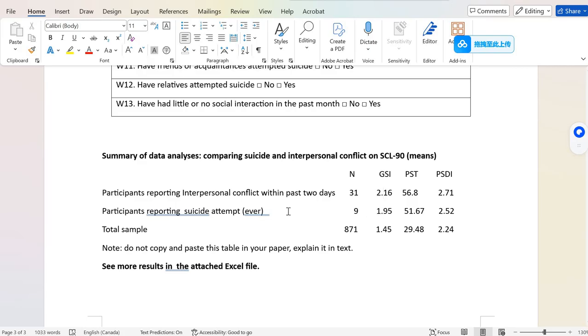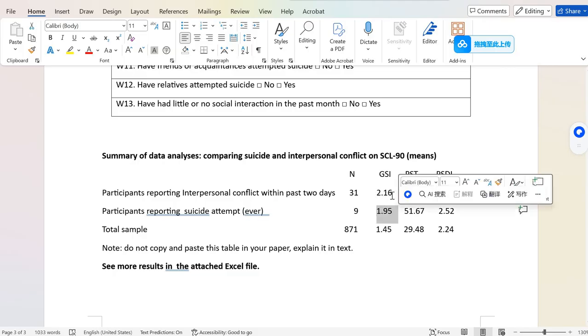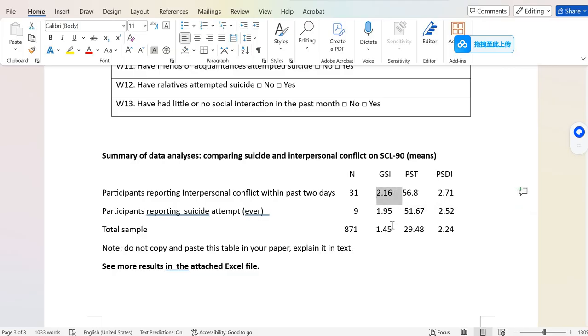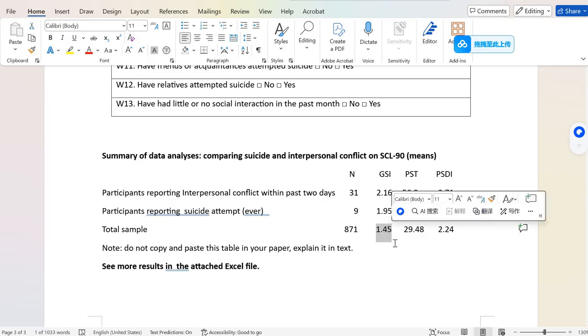The next highest were those who reported suicide attempts in the past, maybe recently, maybe a long time ago. We don't know the timing of the suicide attempts. These two risk groups, one for suicide, one for interpersonal conflict, were both higher than the total sample. The total sample average GSI is 1.45.